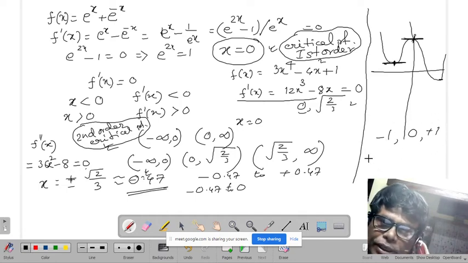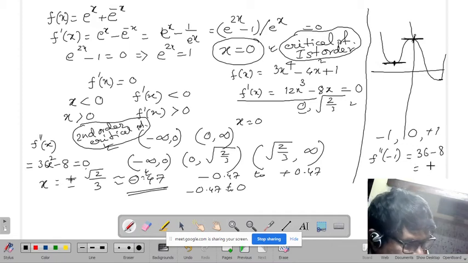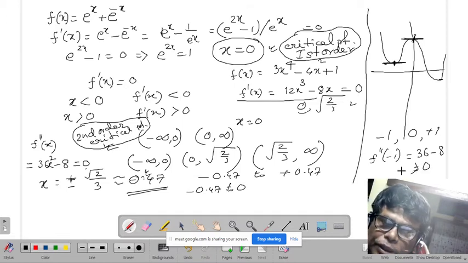Now check f double dash of minus 1. What is f double dash of minus 1? 36 minus 8, that is greater than 0. So at minus 1 it is greater than 0. But at 0 it is minus 8.